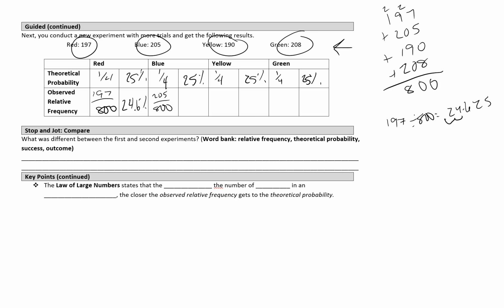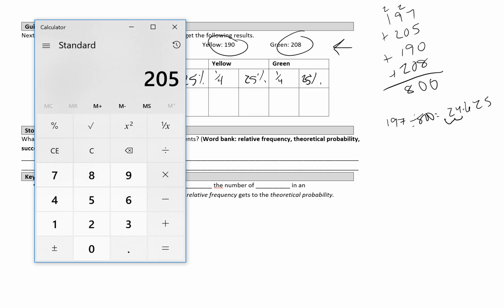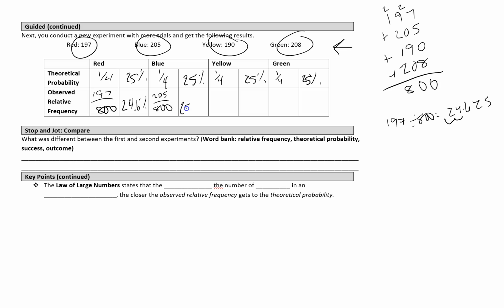Next one for blue, we have 205 out of 800. Grab a calculator. 205 out of 800. 0.256, so I'm going to call that 25.6%.